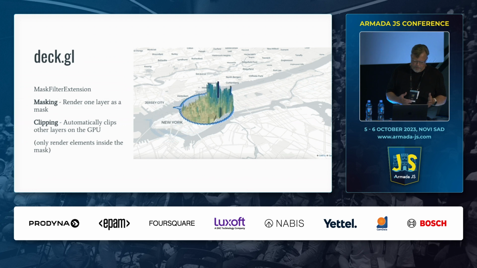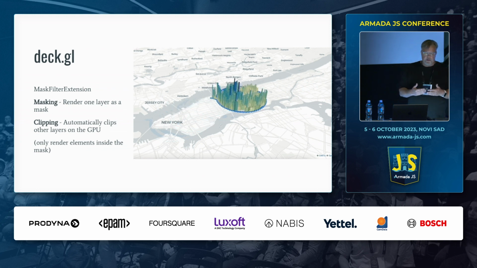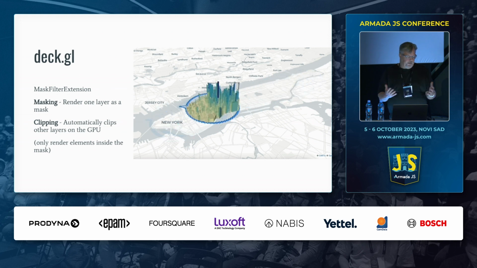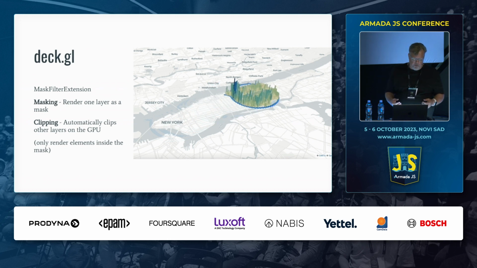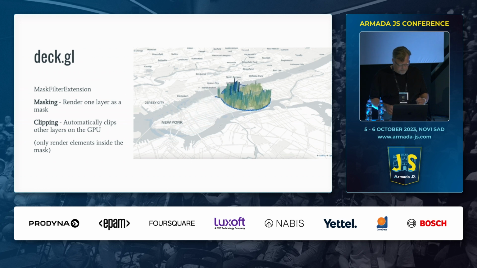Now we have a very generic clipping mechanism where you can render one layer and store it as a mask, and then you can render other layers and reference that mask, and they get clipped on the GPU. So any layer in the deck.gl catalog can become a mask, and the possibilities here are almost limitless.